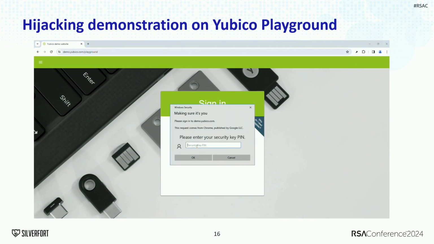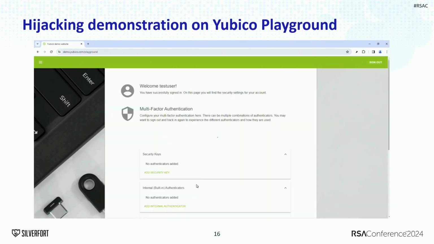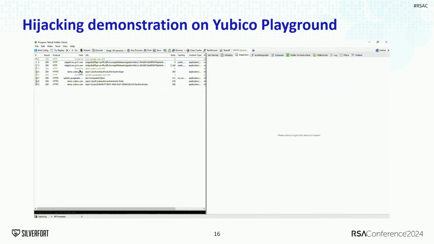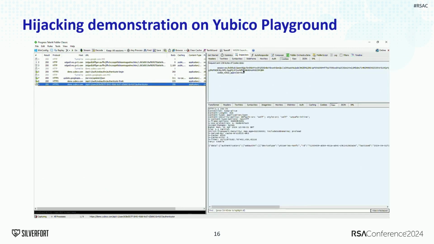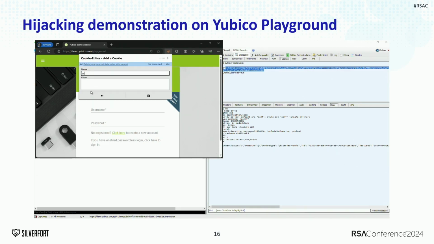So we can see that I entered my credentials. I used the FIDO automatic single sign-on, and my FIDO key doesn't have biometric features, so I entered the PIN, and I successfully signed in. I used the Fiddler application to decrypt the entire TLS session. Then I used a different browser and an extension, and I stole the session cookie.